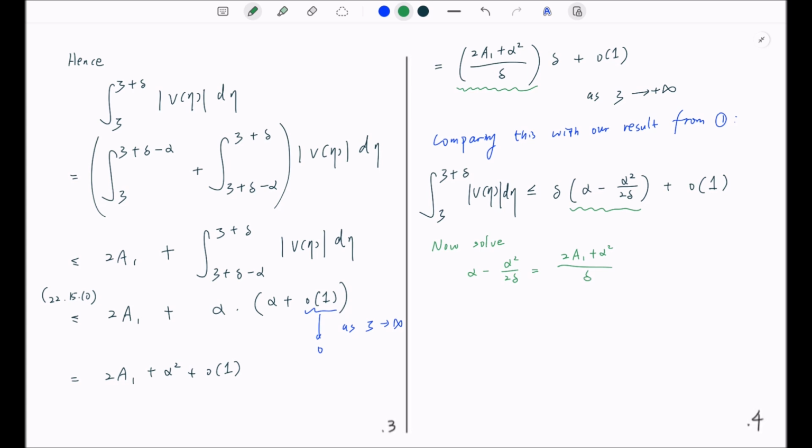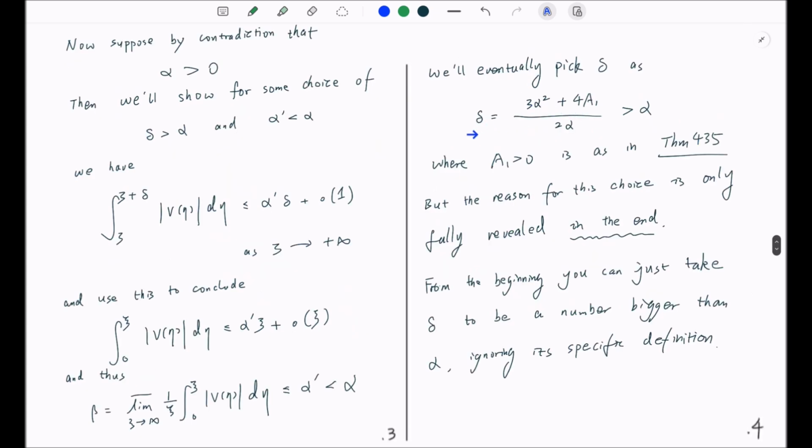Solving this equation for delta yields delta equal to 2a1 divided by alpha plus 0.2 alpha. This is a number bigger than alpha, and this number is precisely our choice from the beginning.